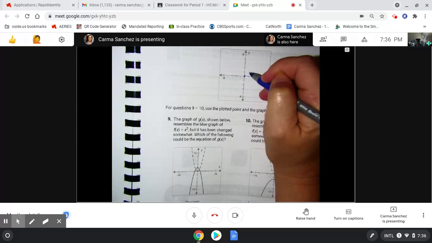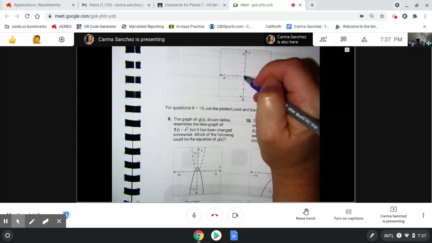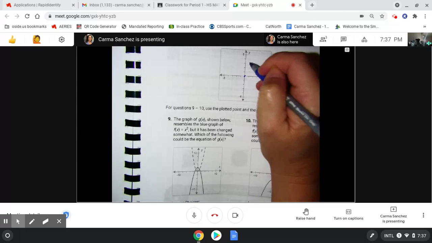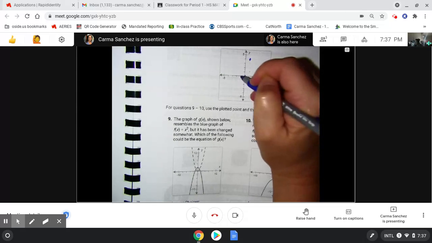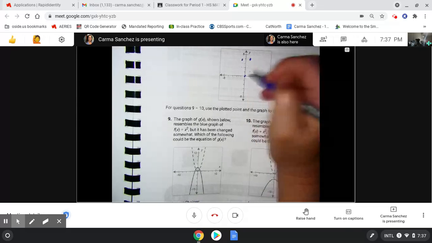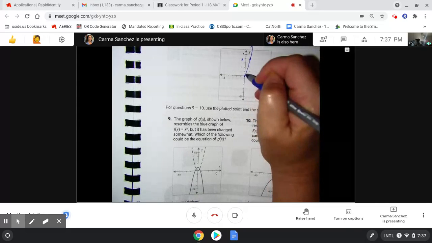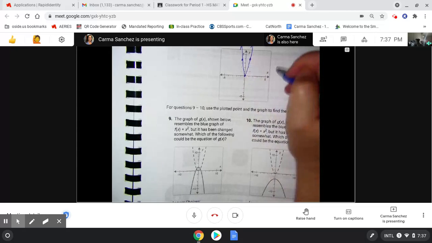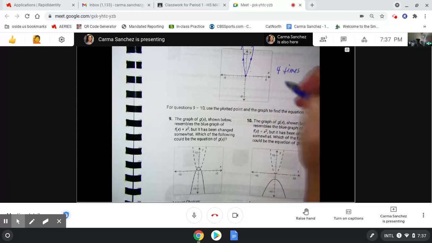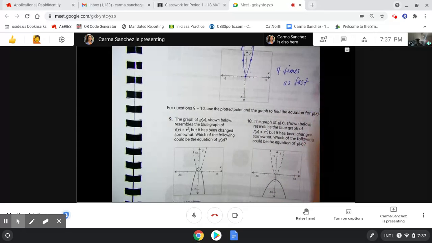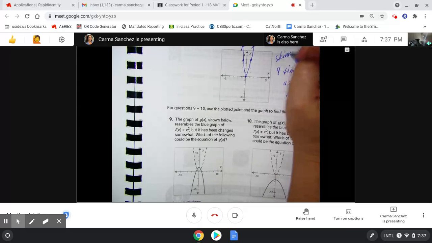But this one wants 4 times the usual. So out 1, up 1, 2, 3, 4. It is a skinnier graph that is climbing 4 times as fast as the usual, as the parent. So here's our skinnier graph that's 4 times as fast.